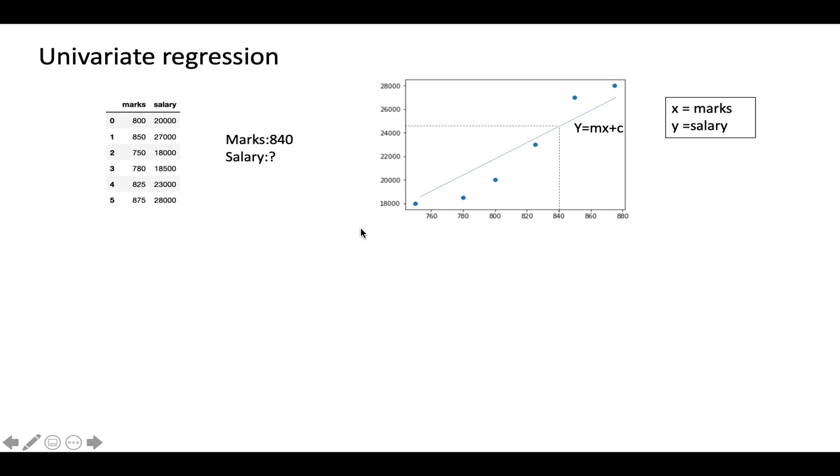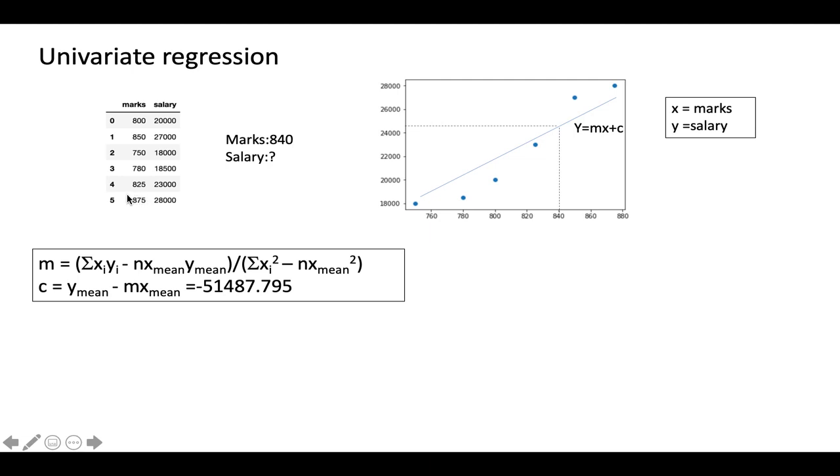Okay. So using this, assuming that the points are close to a line which follows this formula y equal to mx plus c, a straight line formula, we could get a formula for calculating m and c from these data points, and I'll explain to you how we derive this formula. So using that formula, you can see we have got the value of c.